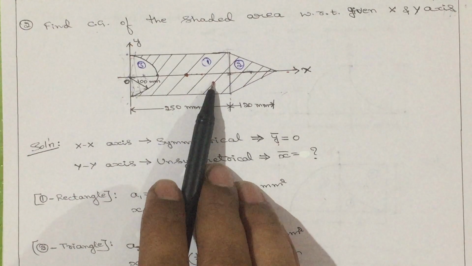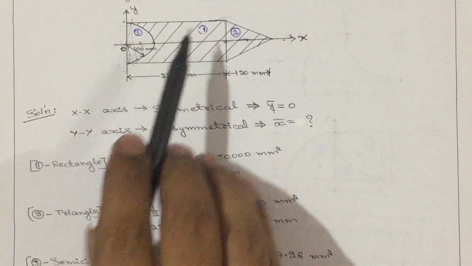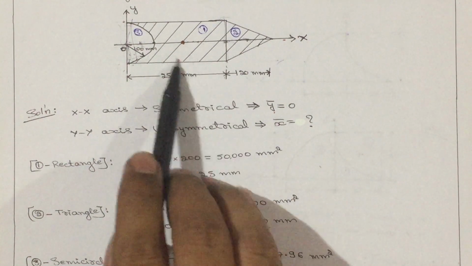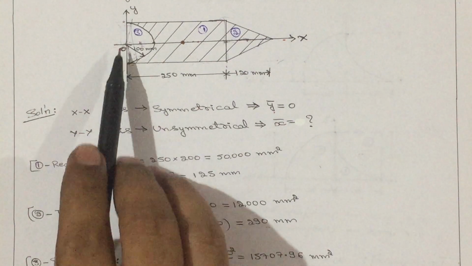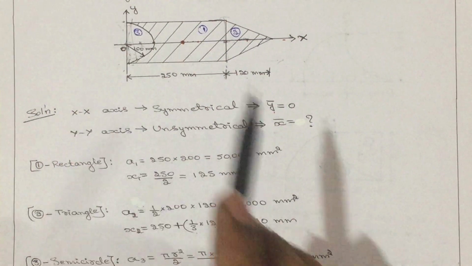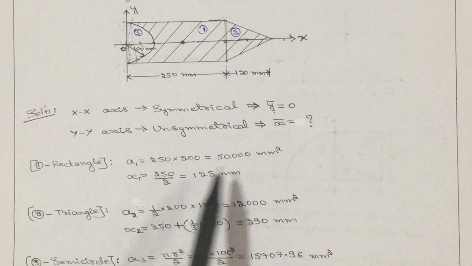First one is the rectangle, and we calculate A1 x1. The area of a rectangle is given by b into d, that is 250 multiplied by 100 plus 100, which is 200. 250 into 200 is 50,000 millimeter square.